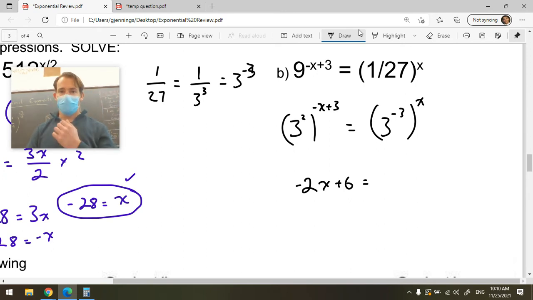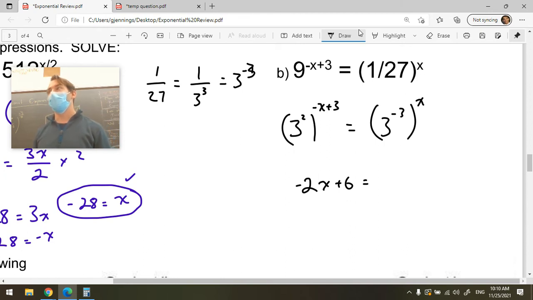Would it be okay if you just left it as 1 over 27? What about when we couldn't find a common base? In other cases you might be left with guess and check, or you'd have to do fancy algebra on this side. You would have to use 1 over 27 as your base for 9, and yes, you can do that, but you would then be raising 9 to a fractional exponent to get 1 over 27.